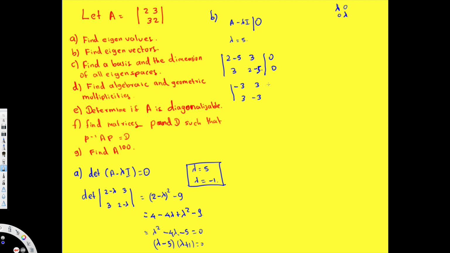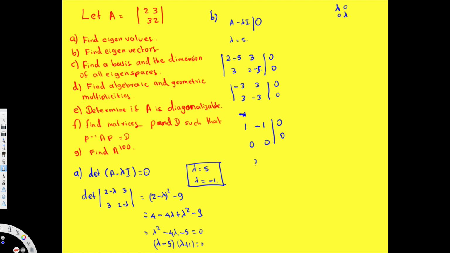Then if you do the Gauss Jordan, the bottom row will be eliminated, and you can simplify the top one by dividing by 3. So it's going to become 1 minus 1 0, and 0 0 0. This is what you get when you do the Gauss Jordan.